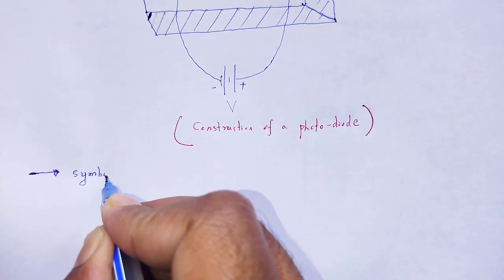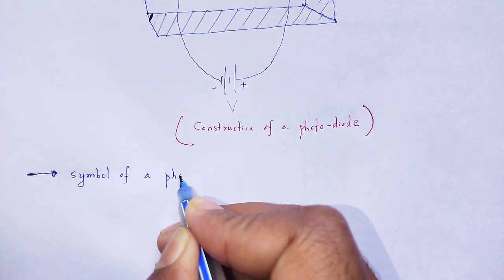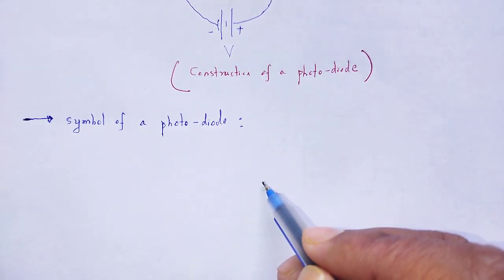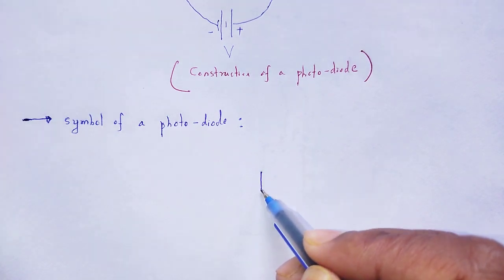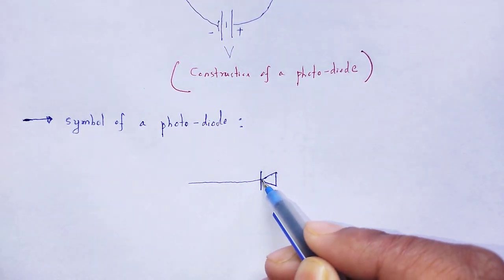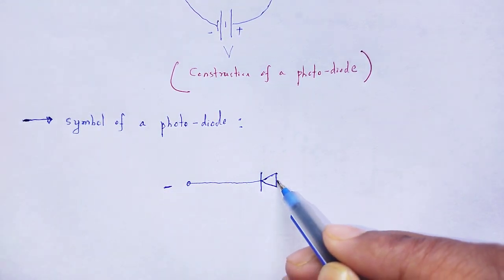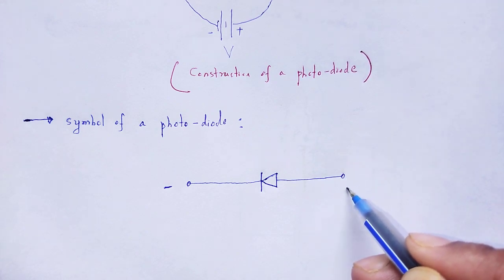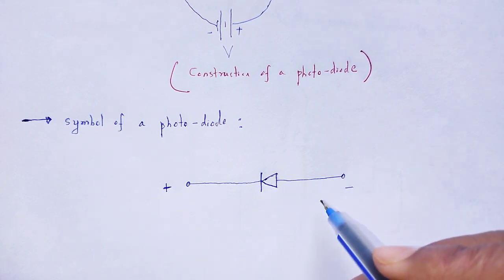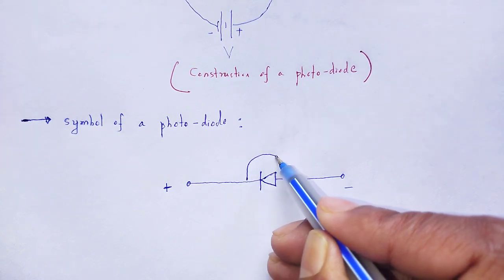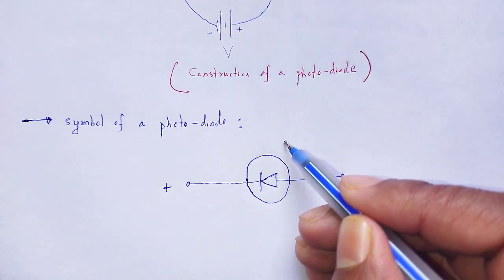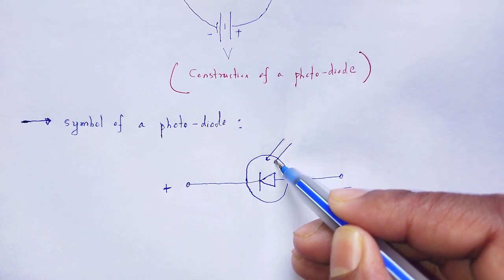When the p-n junction diode is reverse biased, n type is connected to the positive terminal and p type is connected to the negative terminal, so it is reverse biased and it allows the incident light to fall on it.